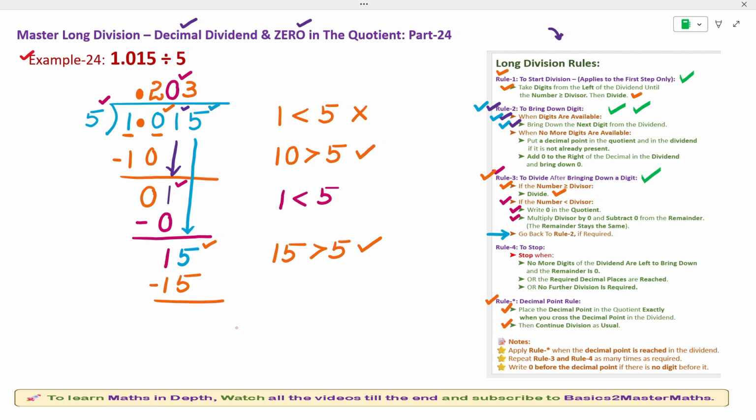So you will get 0 as the remainder and 0.203 as the quotient. Now, rule 3 is complete for the second time.